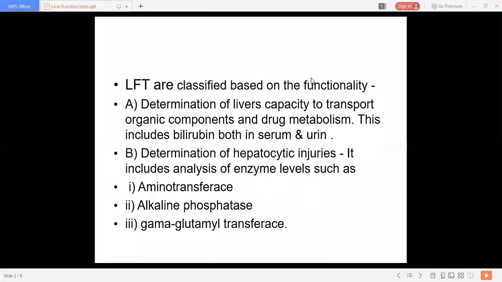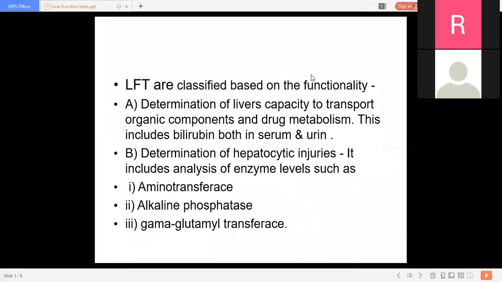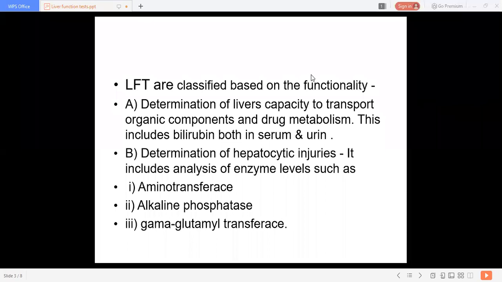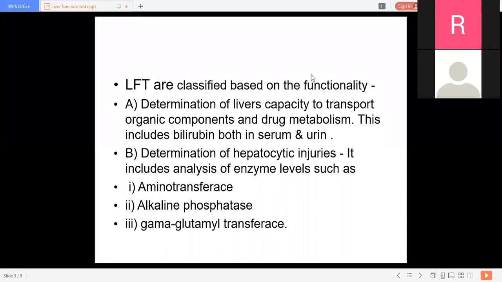Okay. So LFT, that is liver function tests, are classified based on the functions of the liver. These tests are based on the functionality of the liver. So first is determination of liver capacity to transport organic compounds and drug metabolism.